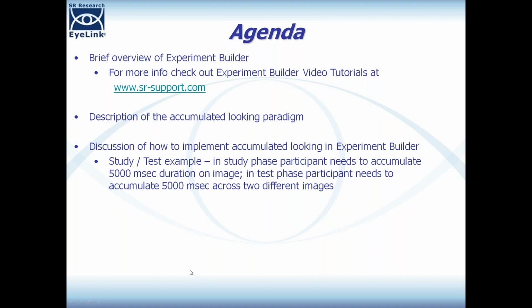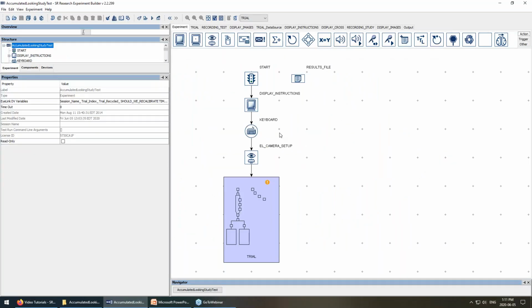Okay, so first, let me just give you a very brief crash course on Experiment Builder. Basically, Experiment Builder is a software package that allows you to design and build experiments for the behavioral sciences and social sciences. The way it works is it has a graphical user interface, and you have these different nodes that you can add to the graph editor down here, and you connect the nodes to one another.